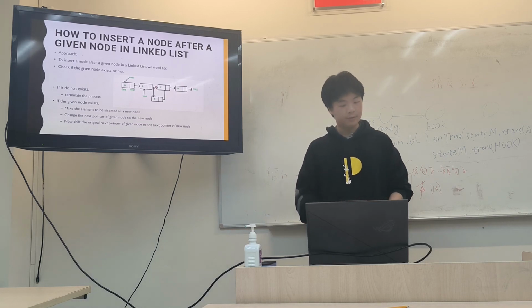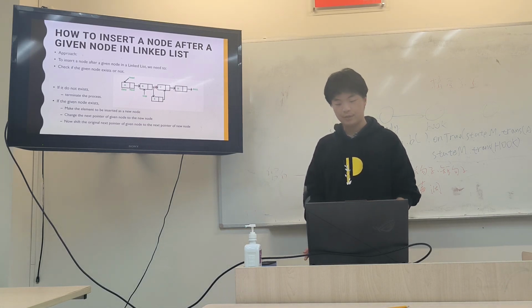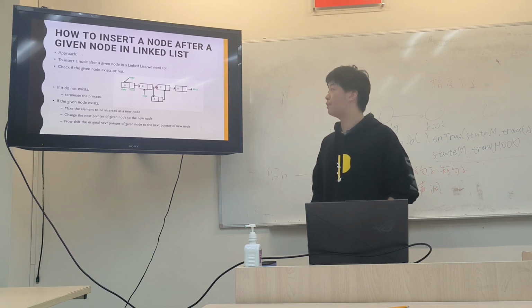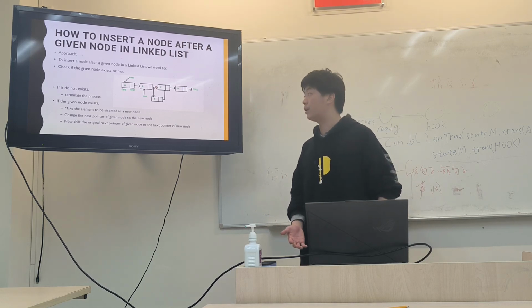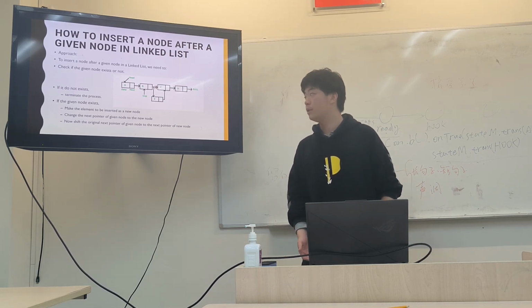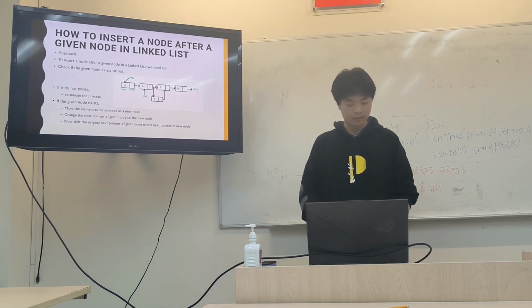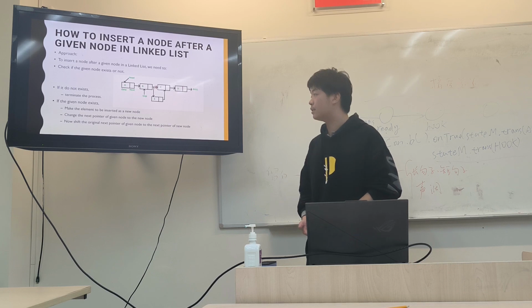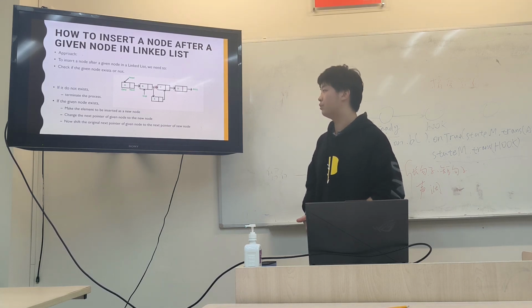And then we will talk about how to insert a node after a given node in the linked list. To insert a node after a given node in a linked list, we need to first check if the given node exists or not. And if it does not exist, we will terminate the process. If the given node exists, we will first make the element to be inserted a new node.